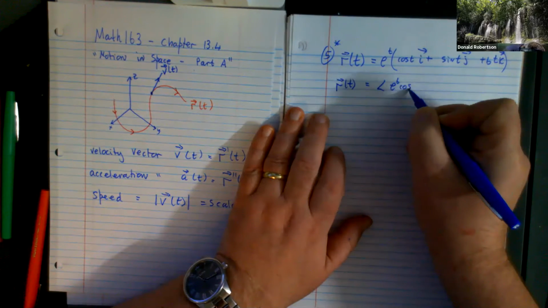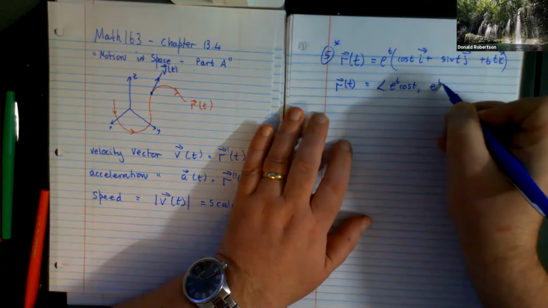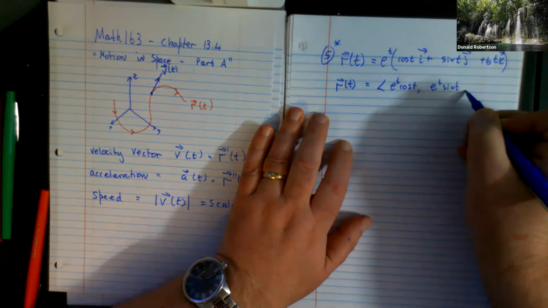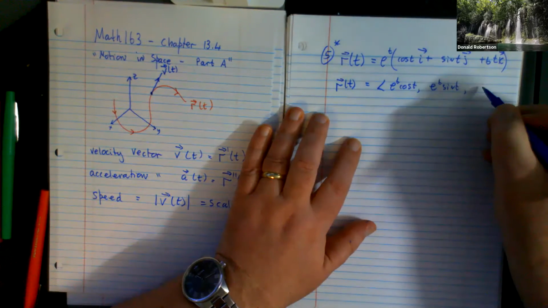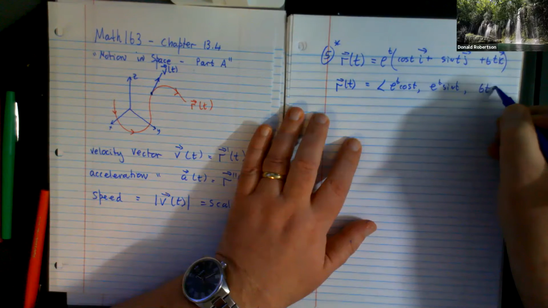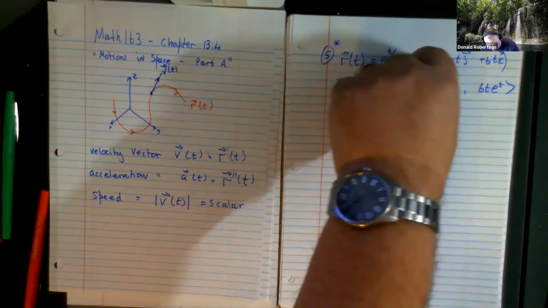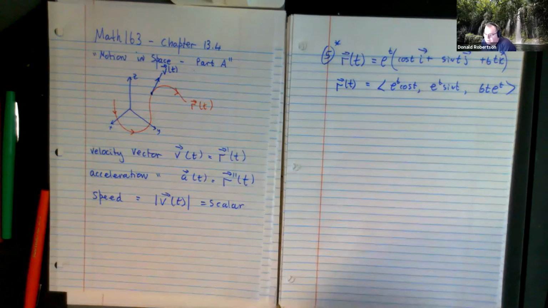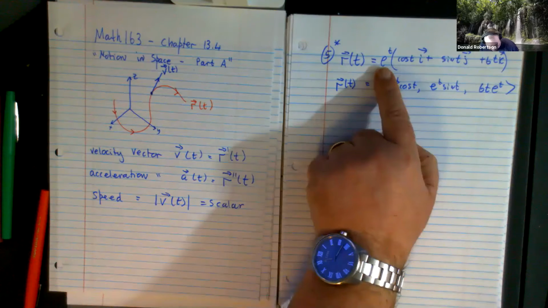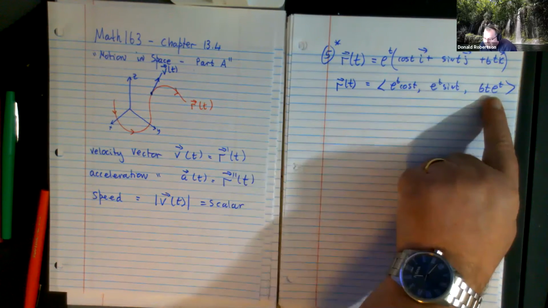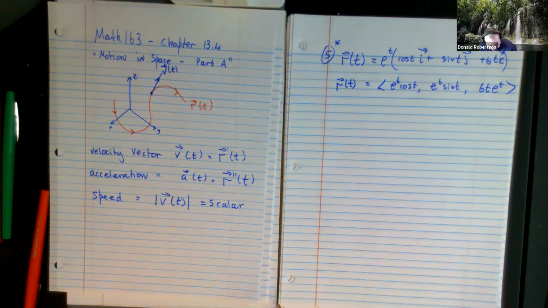I don't like IJK notation. I make too many mistakes with IJK notation. Can you see that I've multiplied these guys by e to the t and then separated them out? Are you comfortable with this is actually this? Agreed?